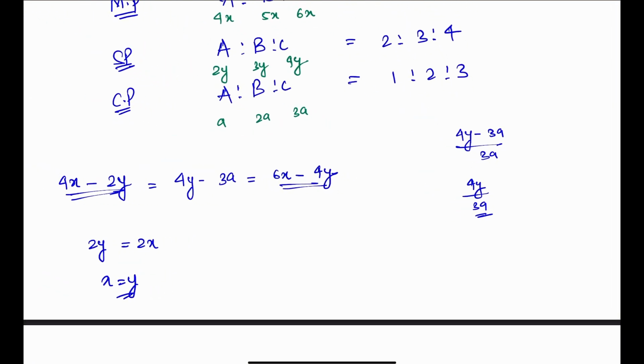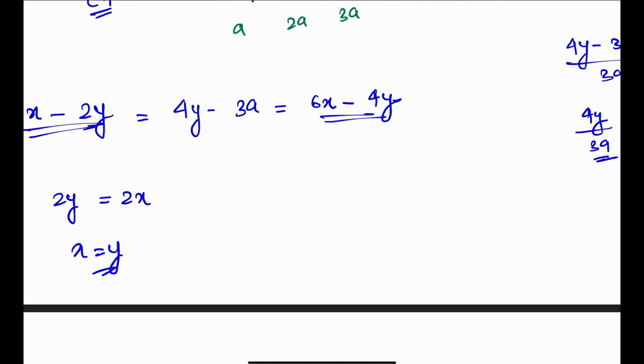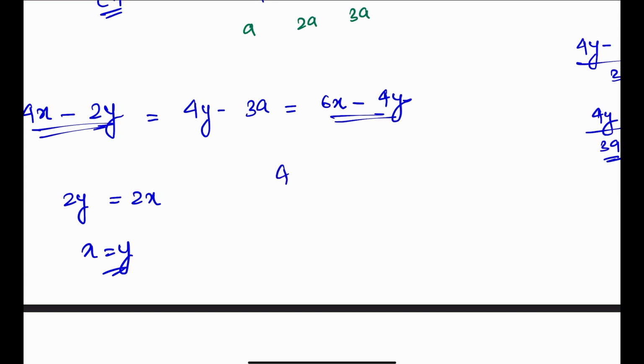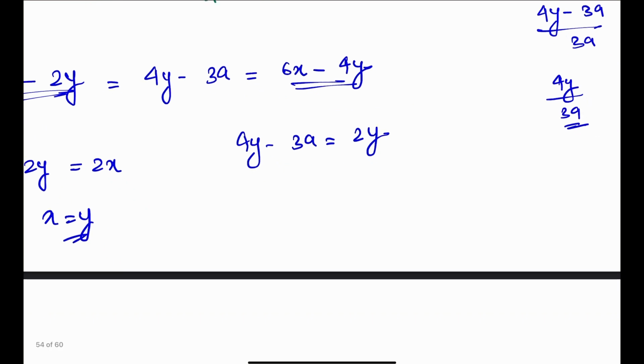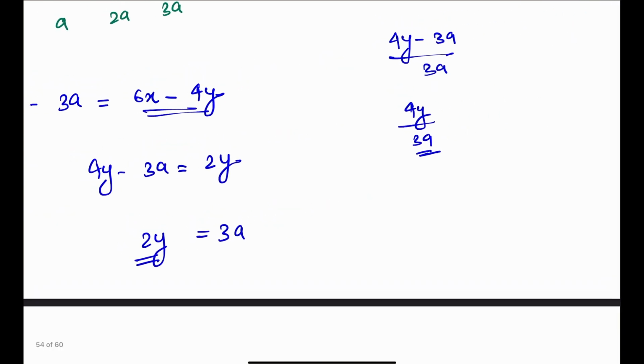If my x is equal to y, then in that case this will be 4y minus 3a equal to 2y, and my 3a will become 2y, okay.